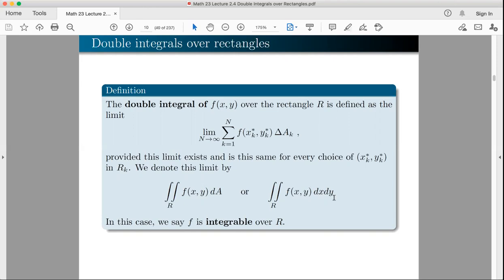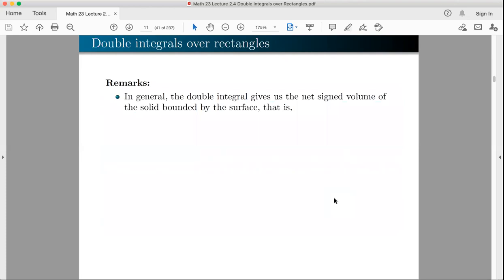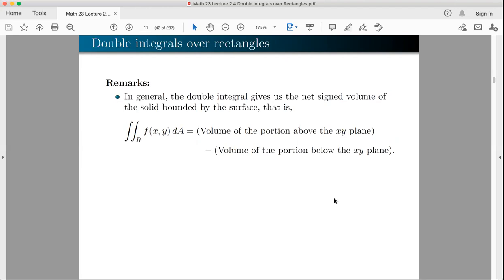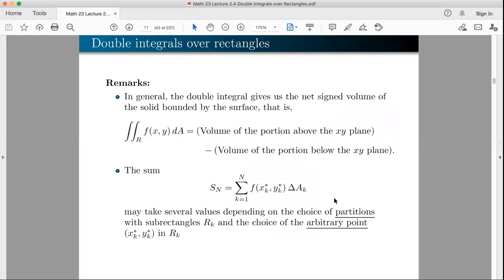Now, some remarks. In general, the double integral gives us the net signed volume of the solid bounded by the surface, because we can have a part of the surface which is above the xy plane, and also a part of the surface which is below the xy plane. So with the double integral, you just get the net: the volume of the portion above the xy plane less the volume of the portion below the xy plane. Take note that the Riemann sum may take several values depending on the choice of partitions with subrectangles Rk and the choice of the arbitrary point xk, yk in Rk.